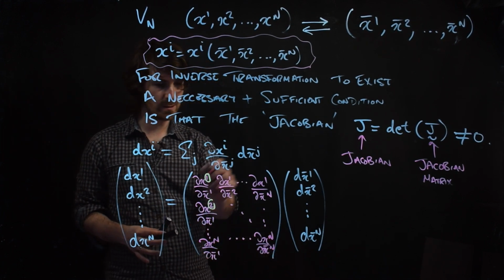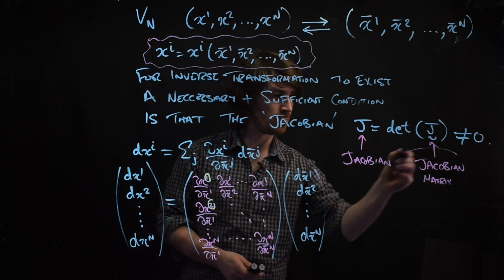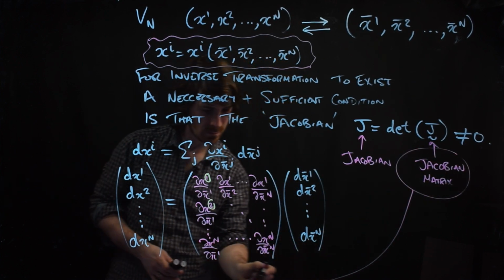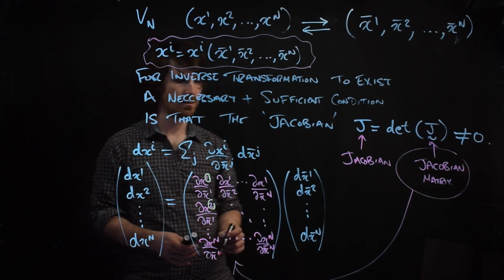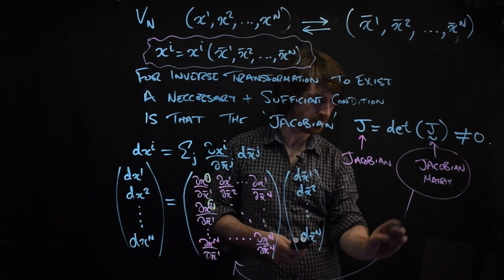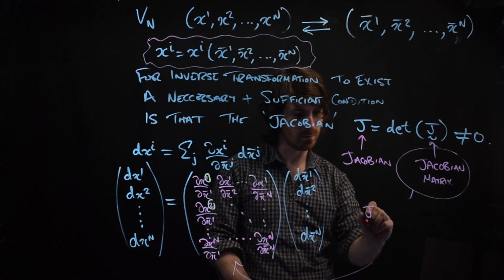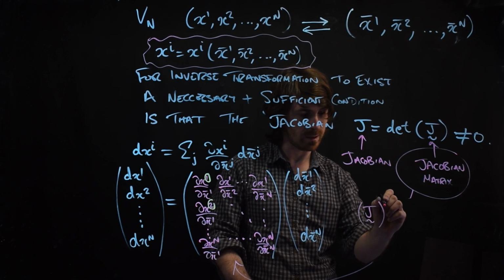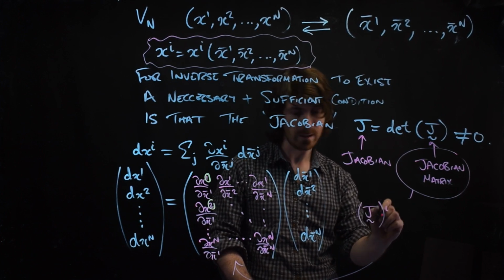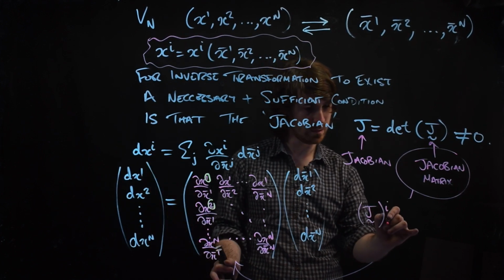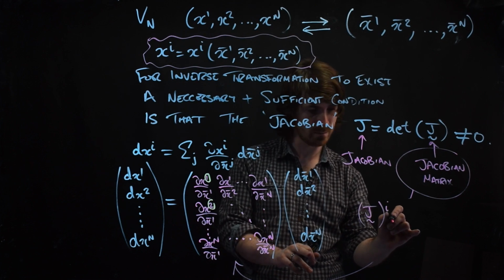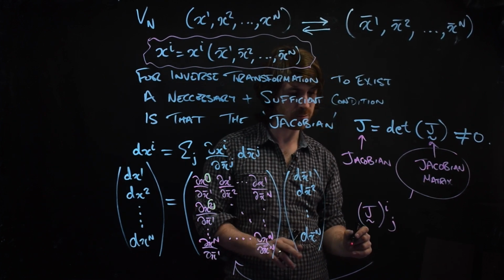Okay, and this guy is the Jacobian matrix. And the elements of it we write as i, the unbarred coordinate, and j, the index for the barred coordinate.